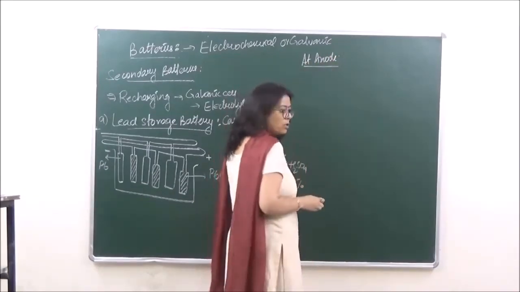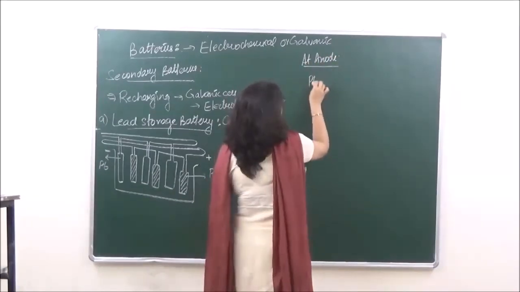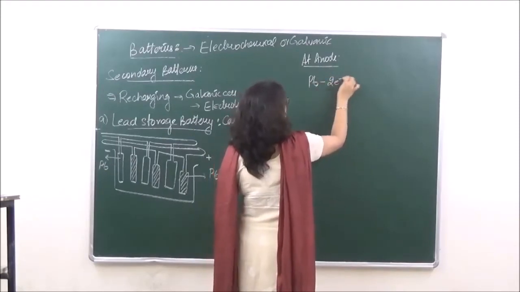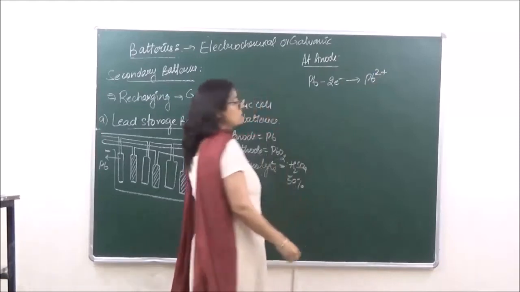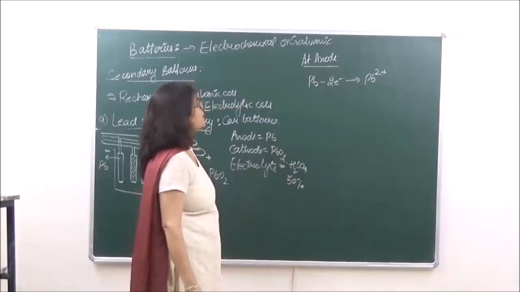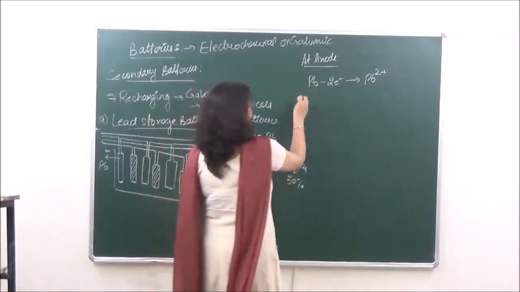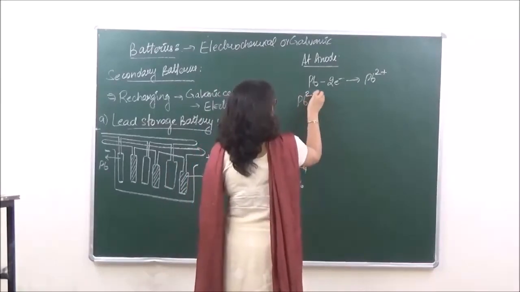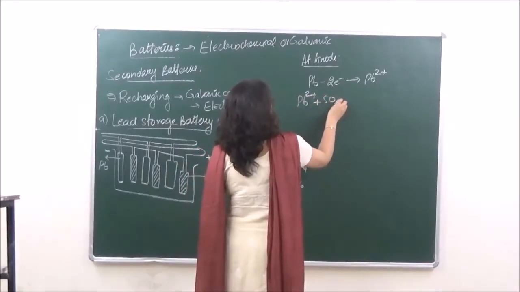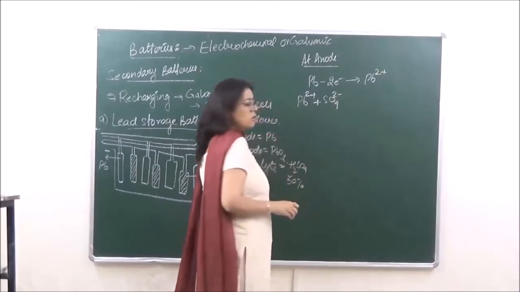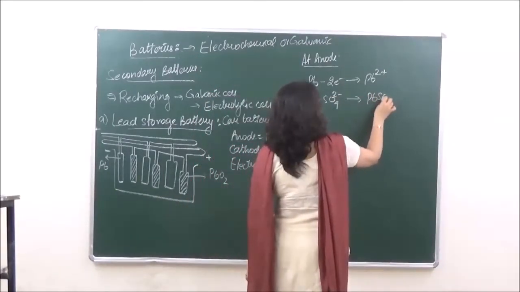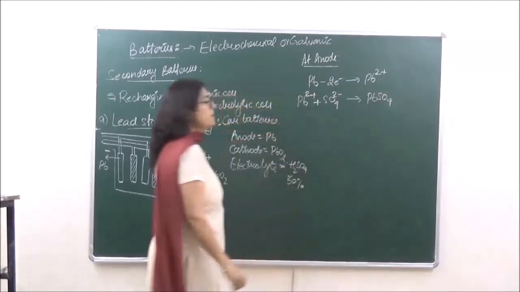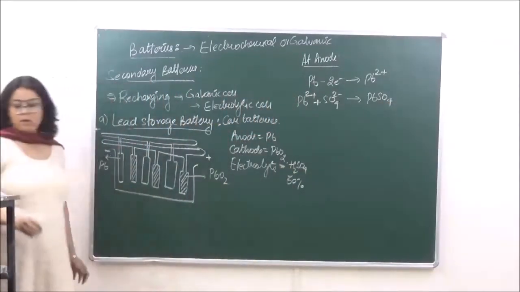Reaction at anode: at the anode, lead is going to lose 2 electrons to give Pb2 positive. Okay? This Pb2 positive reacts with the sulfate ions of the electrolyte to produce PbSO4.